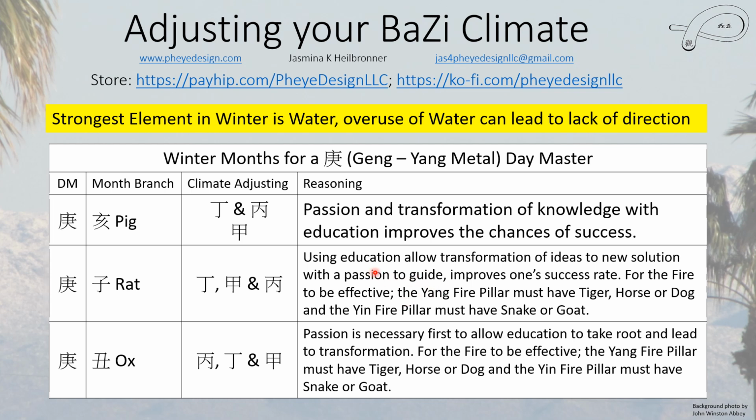You need to combine education and transforming ideas from one line of solutions in one field to the field that you are interested in. And you're using passion to guide you. You learn something that doesn't necessarily seem to be in your particular passion, but this allows you to be able to apply something.